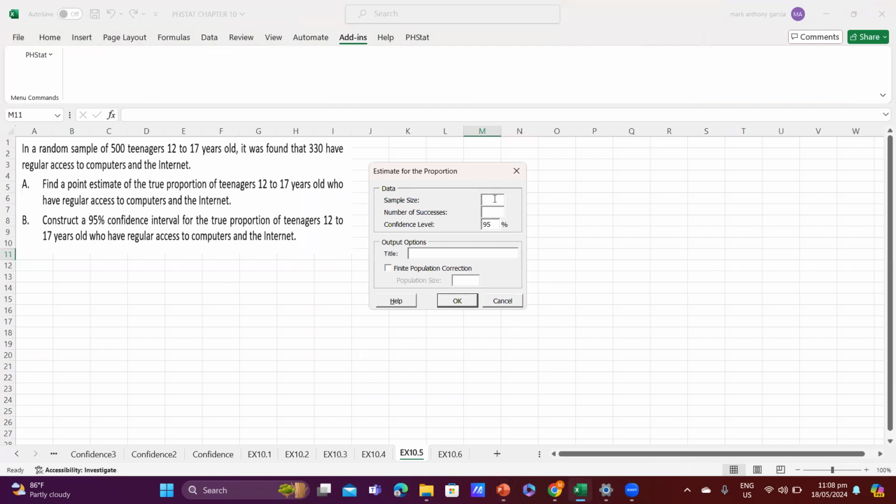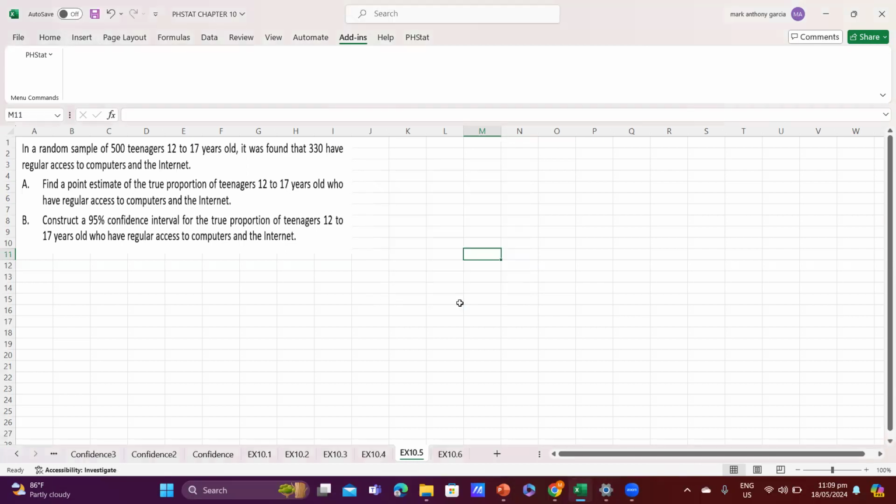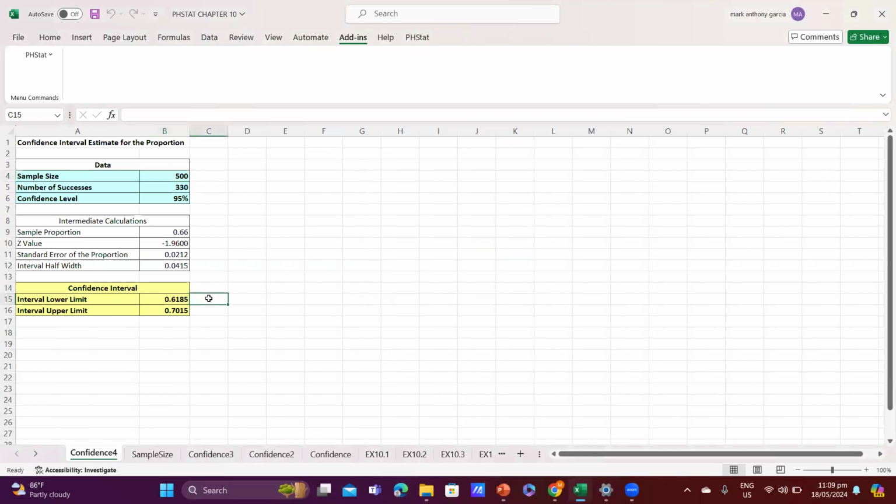And then this pop-up menu will appear, and you have to type in the sample size, which is 500, and the number of successes would be the number of teenagers who have regular access to computers and the internet, which is 330. And our confidence level is 95%. When you click OK, the PHStat output will appear, and this is our lower bound and upper bound, and this is our margin of error, which are the same from our computation earlier.